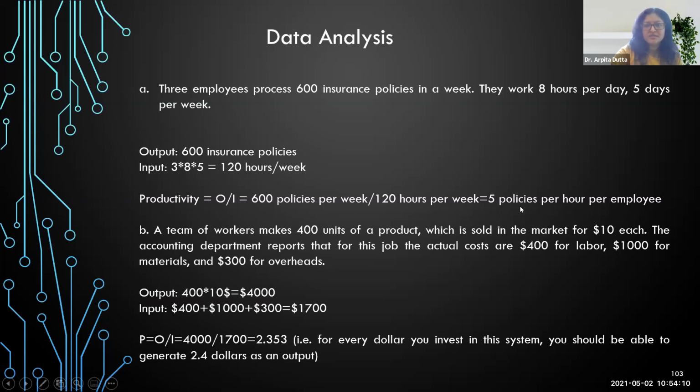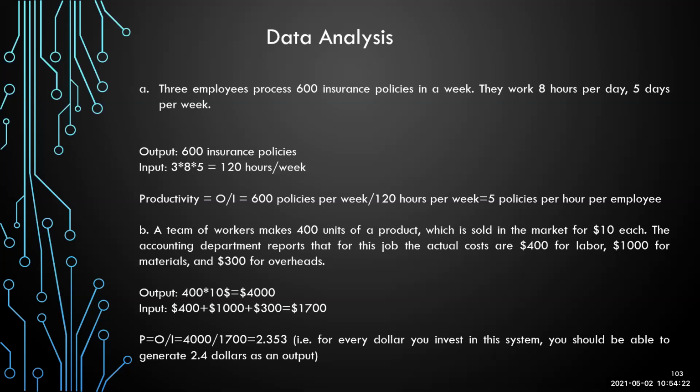Productivity is 5 policies per hour on an average per employee. Per hour, what is the number of insurance policies sold? So our requirement is per hour policies they have generated. So this is the calculation.